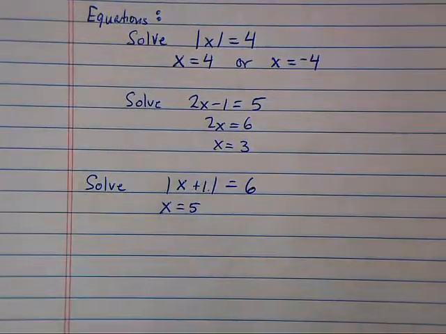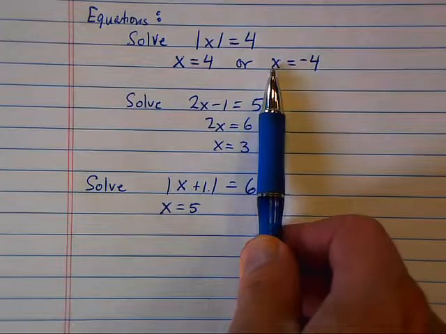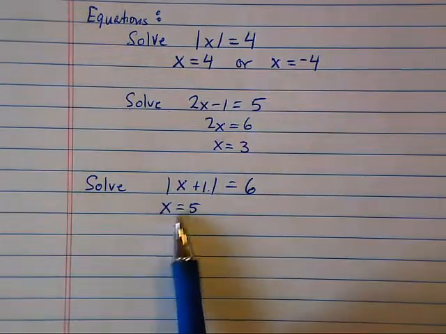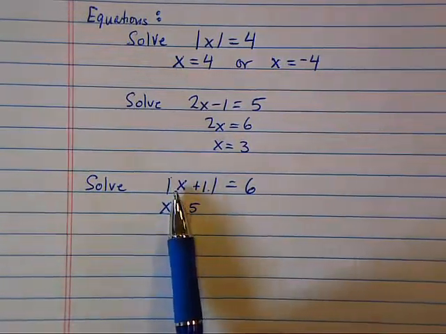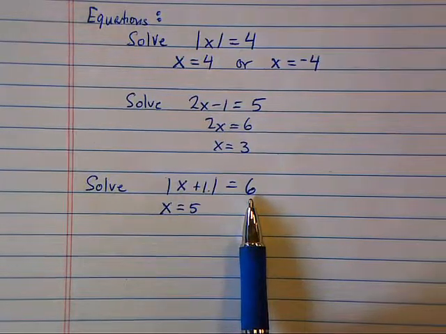So there's one answer. How come negative 5 isn't an answer? How come up here we just got x equals 4, x equals negative 4? If I plug negative 5 in, what's negative 5 plus 1? Negative 4. The absolute value of negative 4 would be 4. It doesn't work.